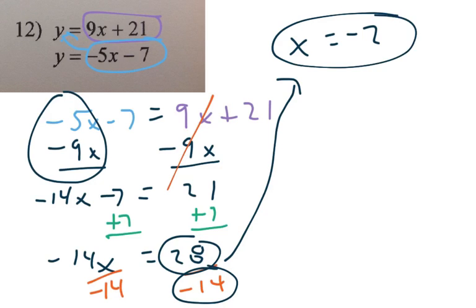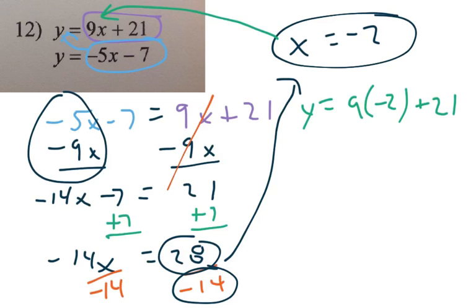Now we're not done, because remember, that's the x. We're now going to plug it in to one of the equations, and you can pick either one. I'm going to pick the first one since it has positive values in it. So we now know that y must be 9 times x, which we know is negative 2, plus 21. And again, all I did was plug it into the purple, now green equation.